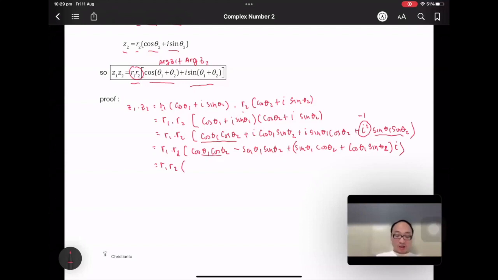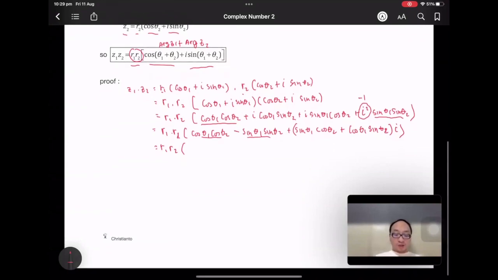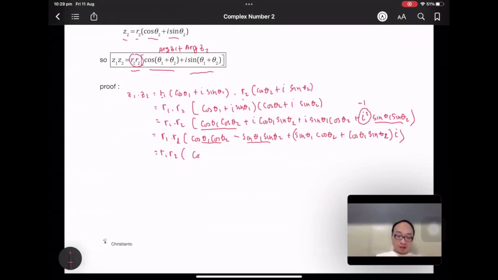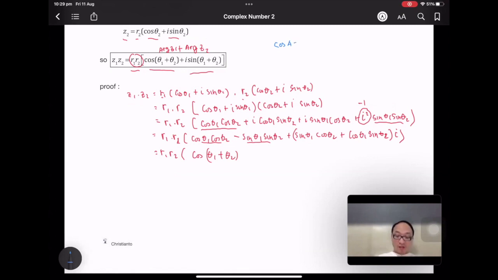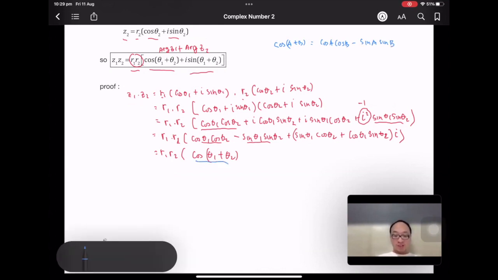Now, cos theta1 cos theta2 minus sin theta1 sin theta2 we can change into cos(theta1 plus theta2). If you remember, using the addition formula of trigonometry, cos(A plus B) is cos A cos B minus sin A sin B. So this is the identity.